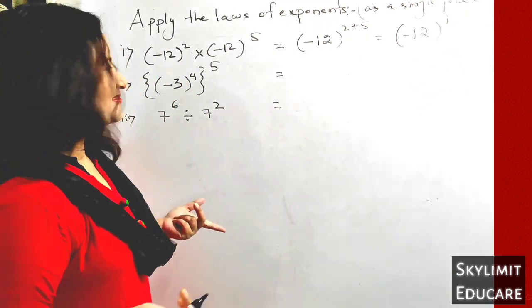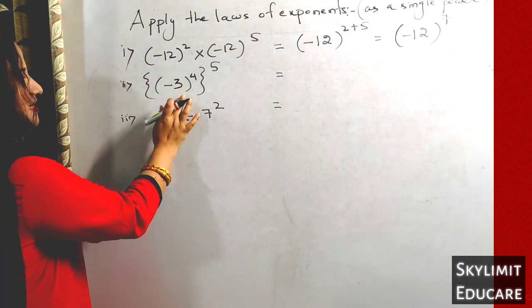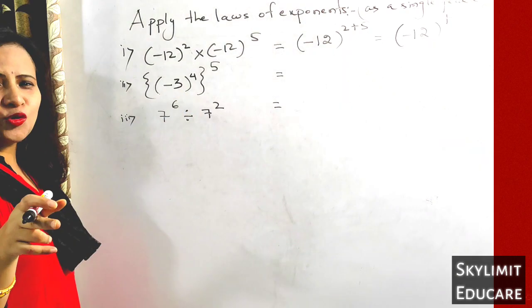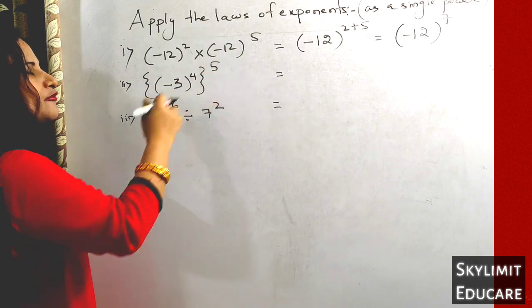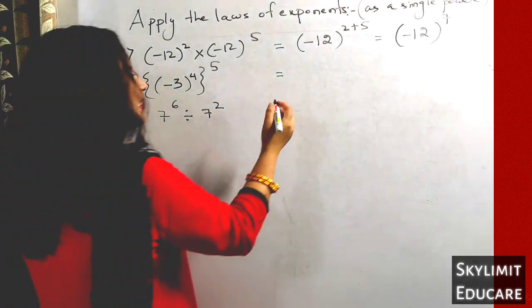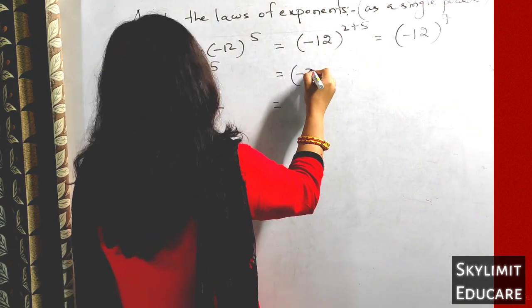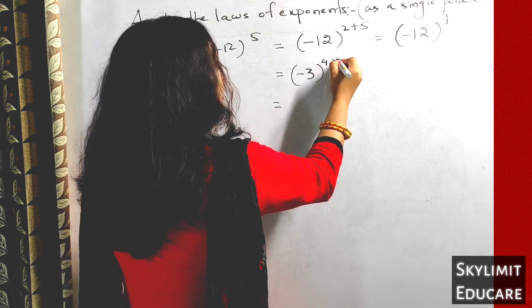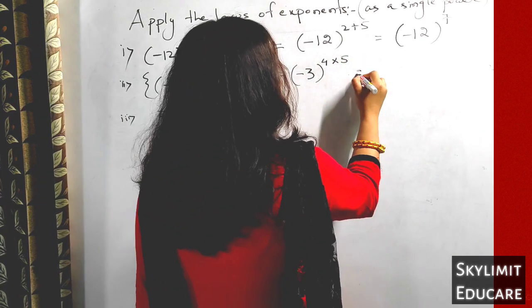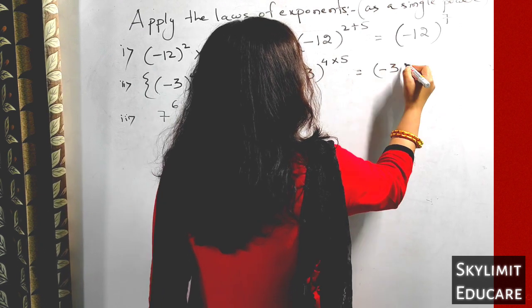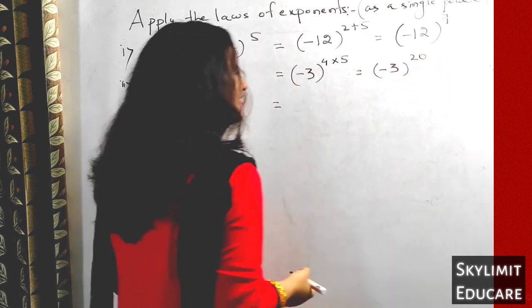As simple, right? Now this is the third law of exponents that I told you. Minus 3 to the power of 4 whole to the power of 5. So simply write minus 3 and multiply 4 by 5. So we are getting here minus 3 to the power of 20.